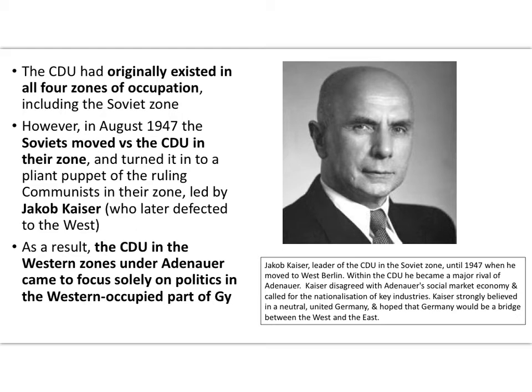As a result, the CDU in the east was led by Jakob Kaiser, who later defected to the west. The CDU, led by Adenauer in the west, then focused solely on politics in the western part of Germany. They saw that they had no influence in the eastern part of Germany.